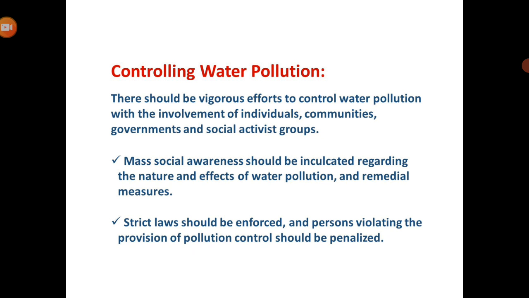Even though our government has constituted many laws and regulations to protect our water from pollutants, improve the quality of water and protect water bodies from hazardous substances, it is our responsibility, the individual human responsibility, to protect the water body from pollutants.